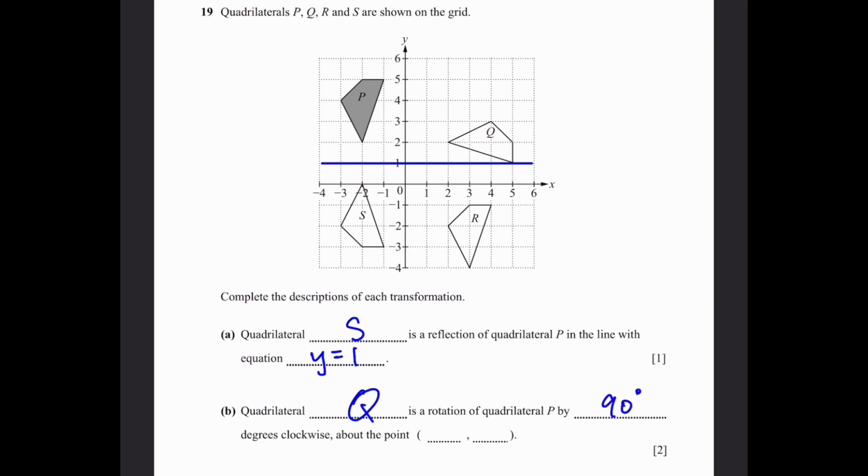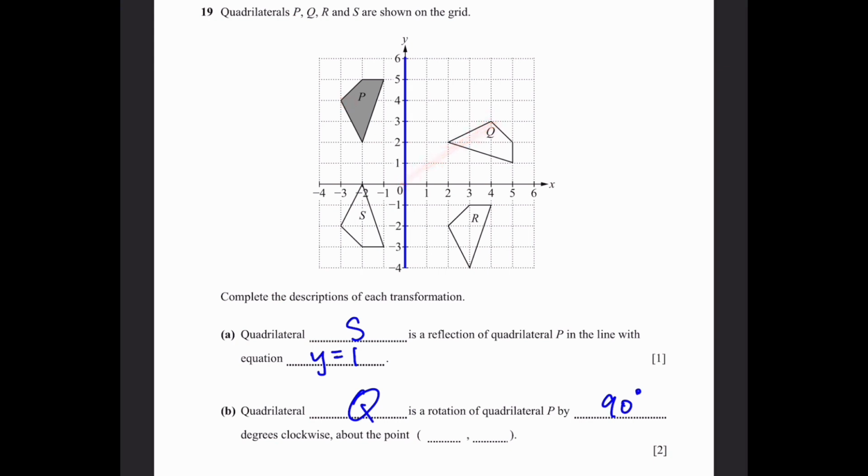About the point dash. Let's take these 2 points which are corresponding. They're equal distance from all the points on the line x equals 0. I shall remove this line for clarity. Now which point on this line can make these 2 also be equal distance?